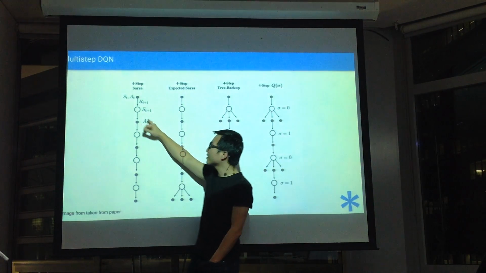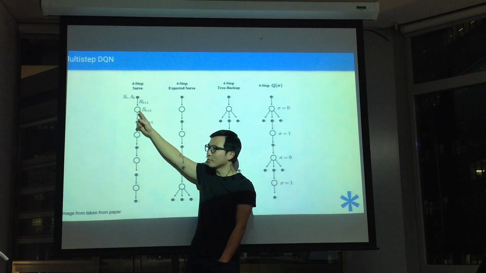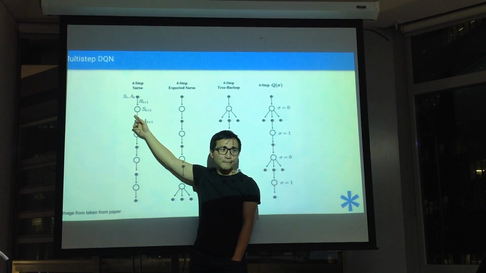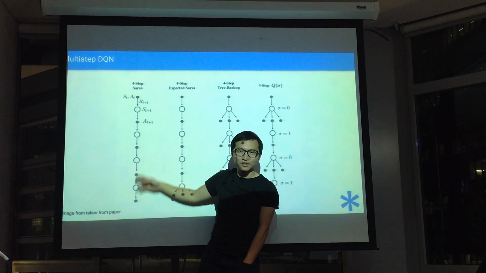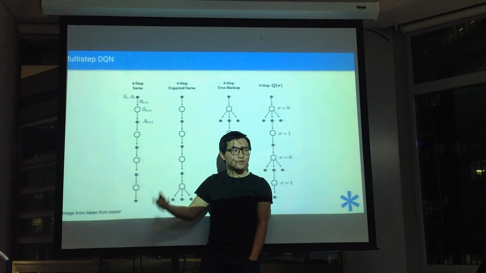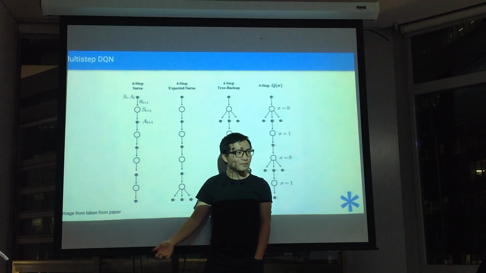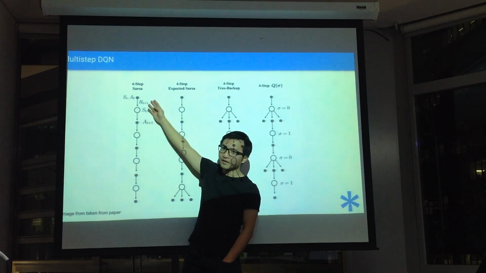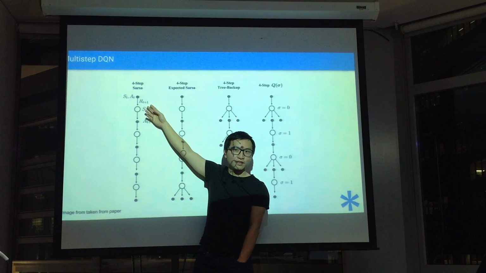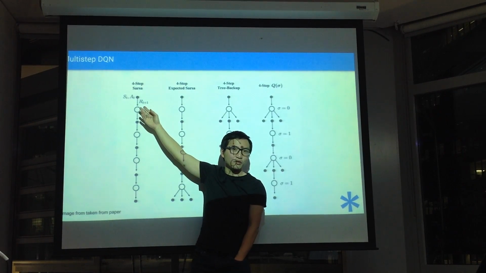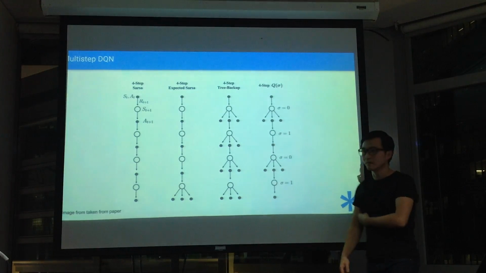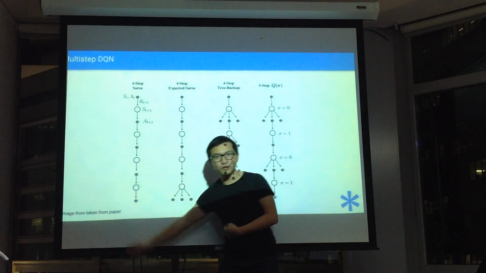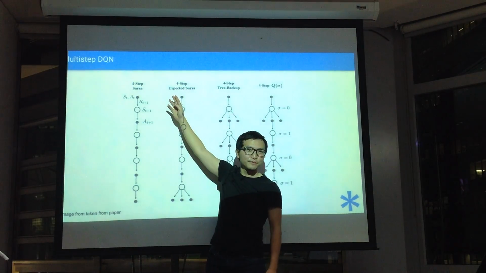So instead of just using the reward from your next state, you actually look further down the stack, if I want 2-step or 3-step or 4 to 5 steps further, and actually propagate that reward back as my Q learning reward. So could you say it's similar to Monte Carlo? Monte Carlo is, you go all the way to the end and you propagate it back. Yeah.